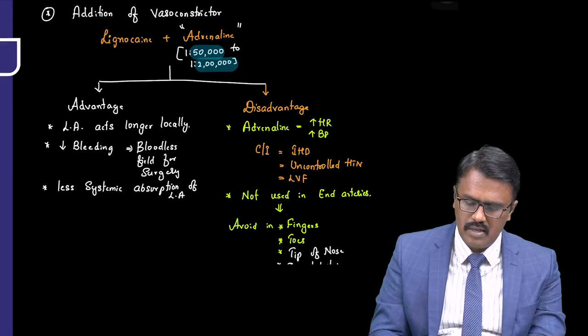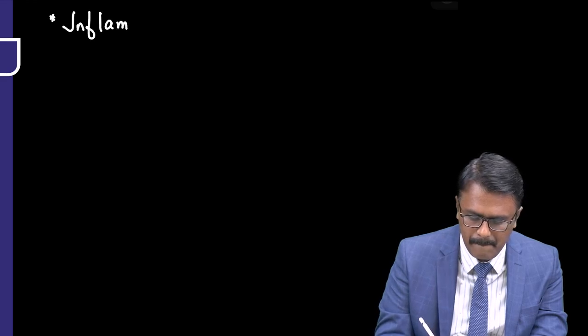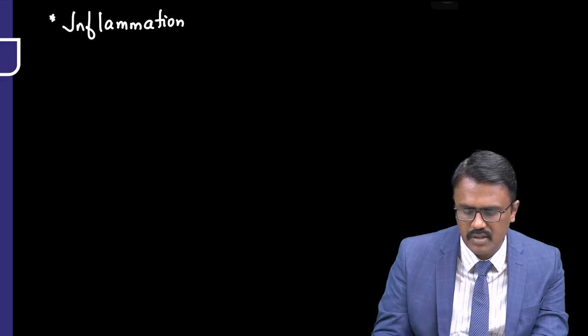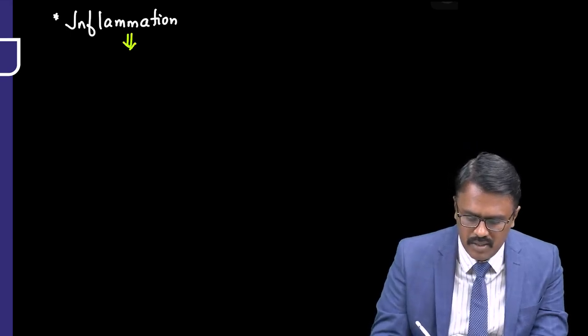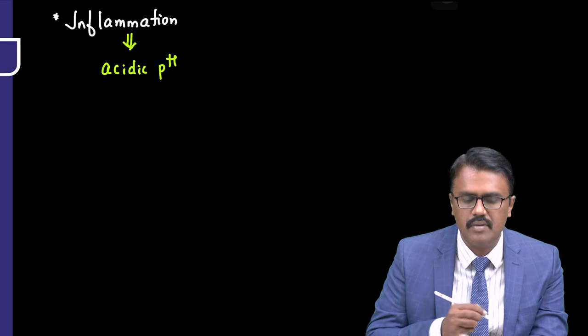The next important aspect we need to understand, what are the factors affecting local anesthesia, is a factor called inflammation. So will inflammation affect the action of the drug is a question. Now inflammation is a place where the pH is acidic.